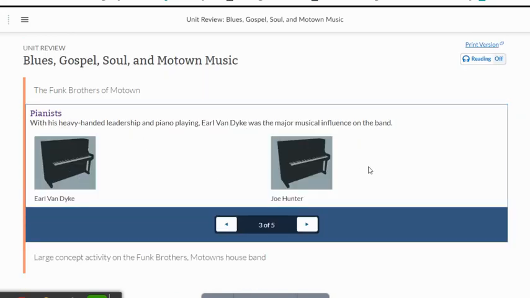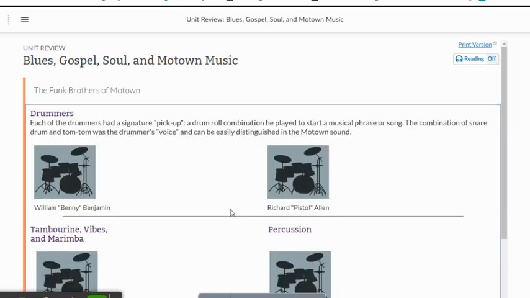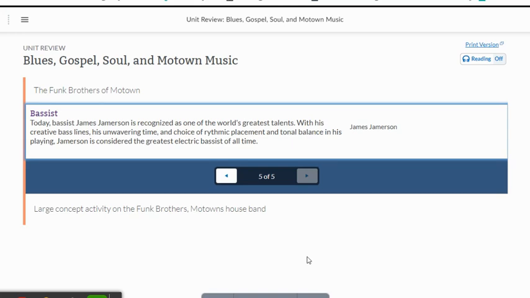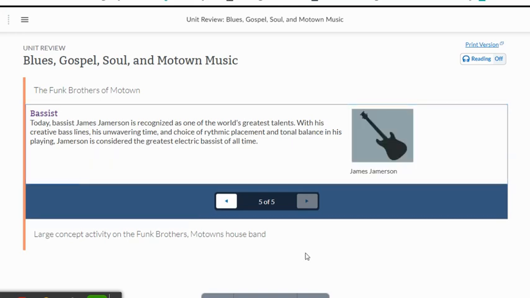And then our pianists, they have Earl Van Dyke and Joe Hunter. Okay, and lots of percussionists. And the bassist. And I think there were other bassists, but James Jamerson is the one to know for sure because he was a very important artist for the soul musicians at that time, especially. So be reading about that.